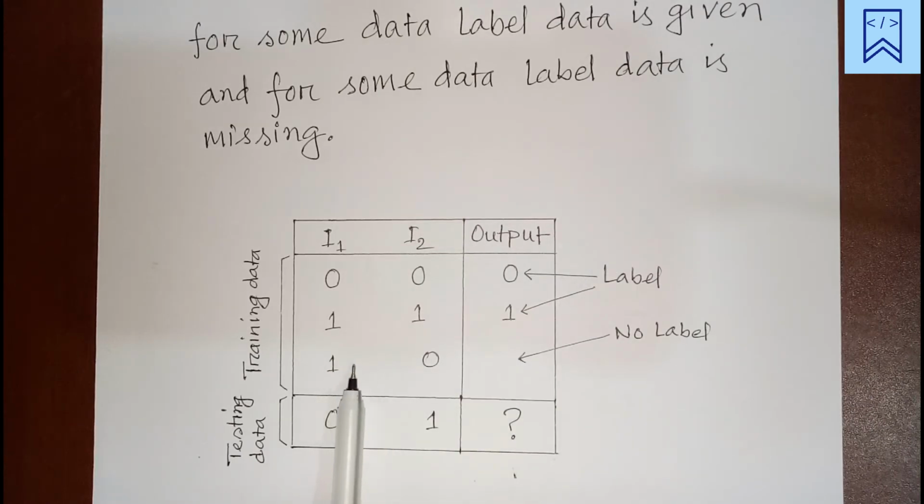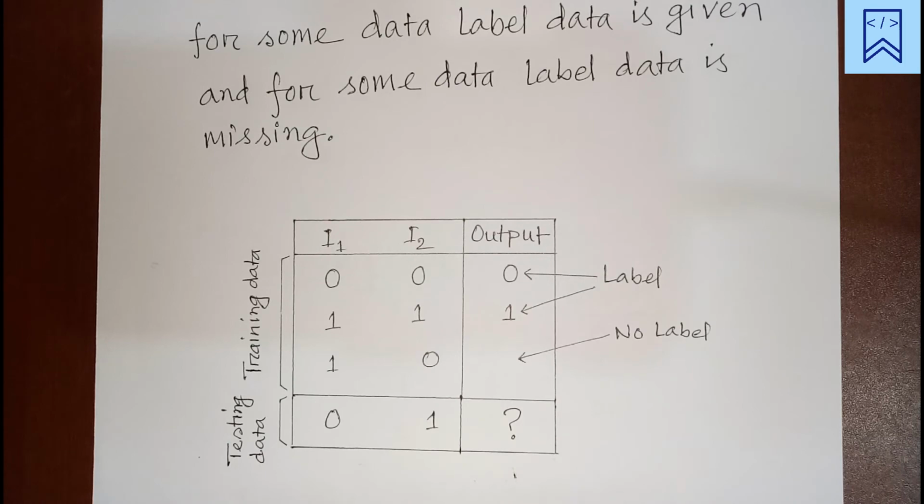As in this training data, label data is not given, we have to test this data using this label data, then we will get a data which will be updated here, and our training data will be ready. Then we can apply testing data on the training data. The testing will be applied on updated training data.